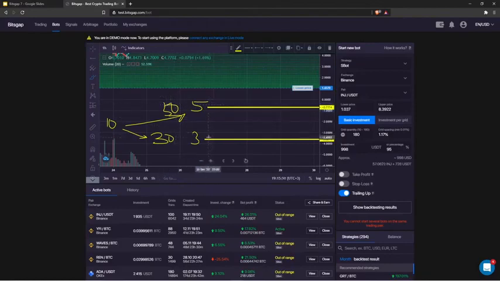So that means that when the price is rising, of course, with the rising price, it's gonna spend more money per each grid level.